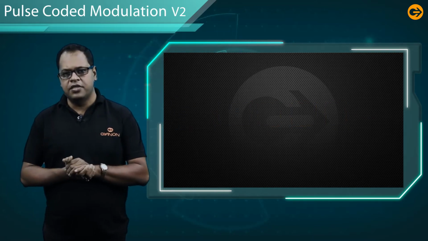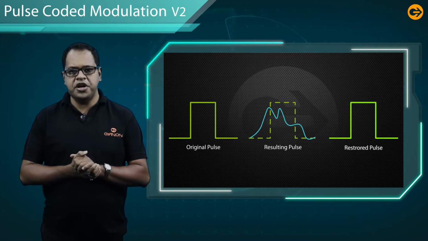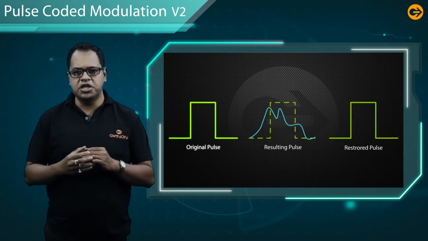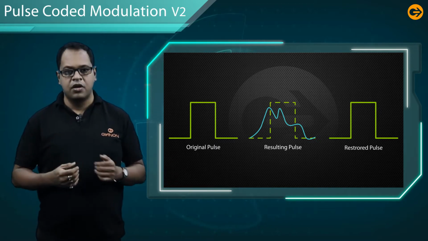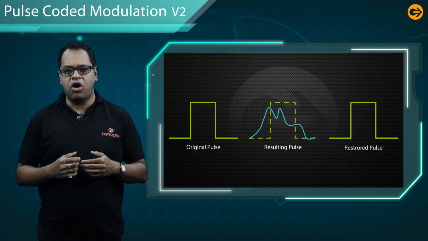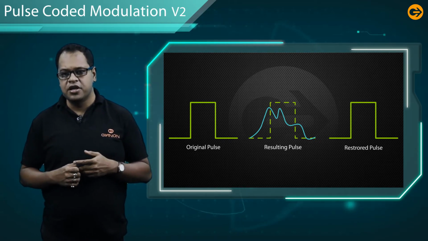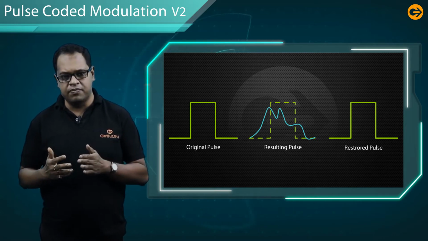Let us discuss the regenerative repeater in the medium. The regenerative pulse compared with the original pulse and the received pulse will be as shown in the figure. For a better reproduction of the signal, a circuit called a regenerative repeater is employed in the path before the receiver, that means in the medium.